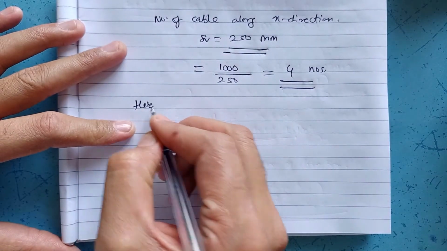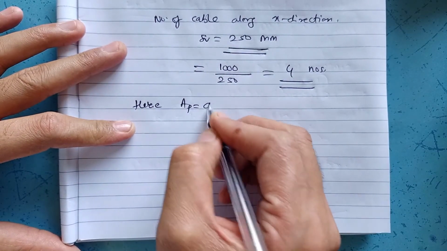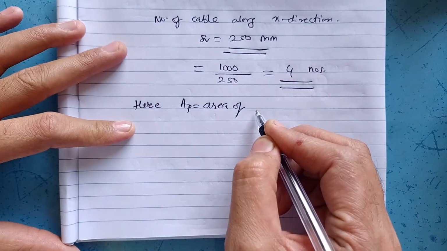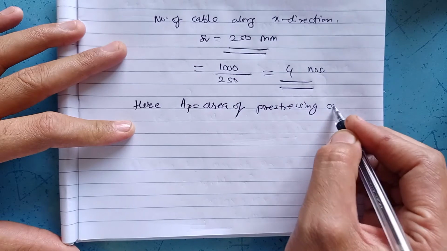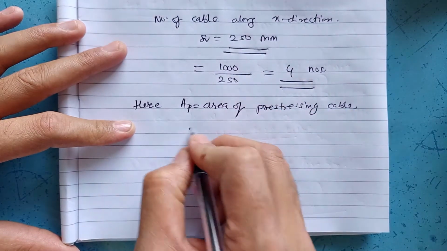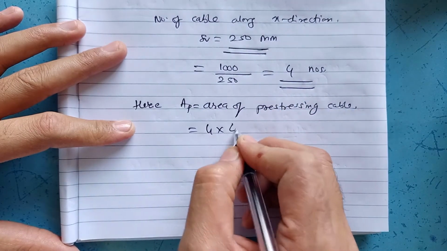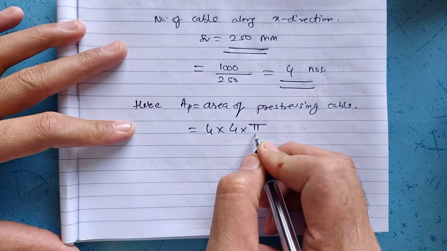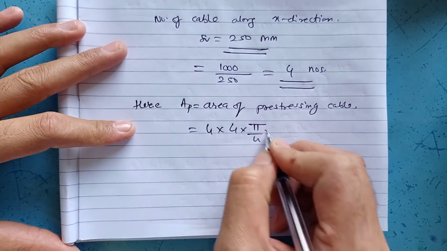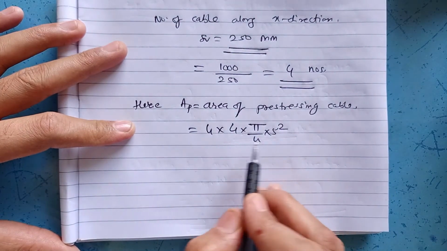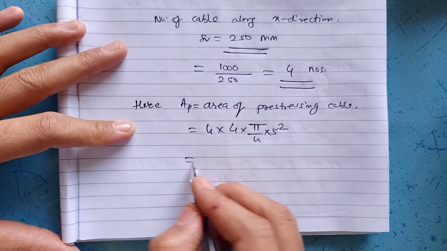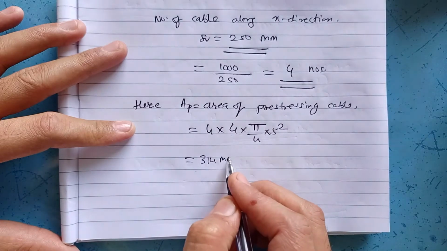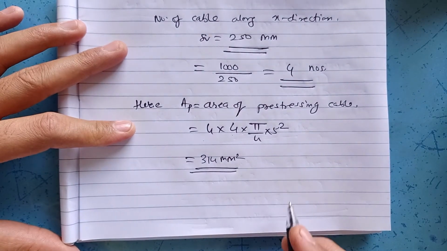And here APS is nothing but the area of prestressing cable. 4 cables, and each cable consists of 4 wires of 5 mm. Hence the area of a single cable into 4 is equal to 314 mm square.